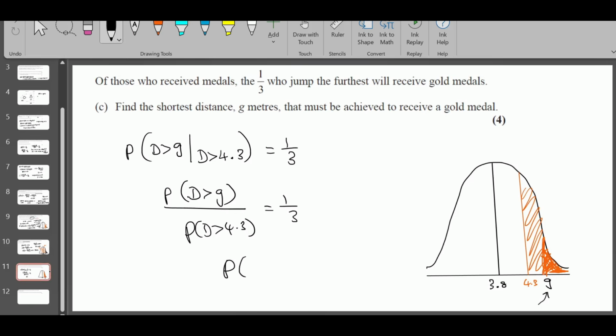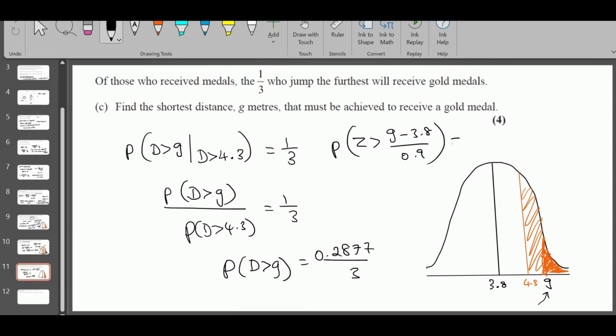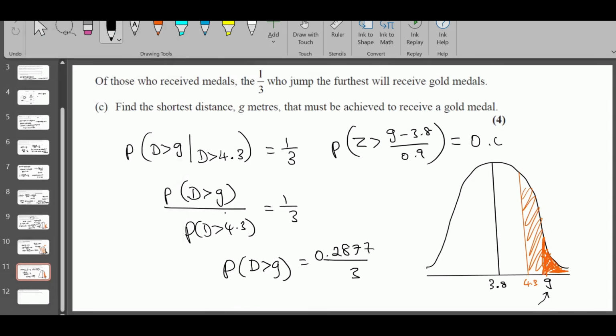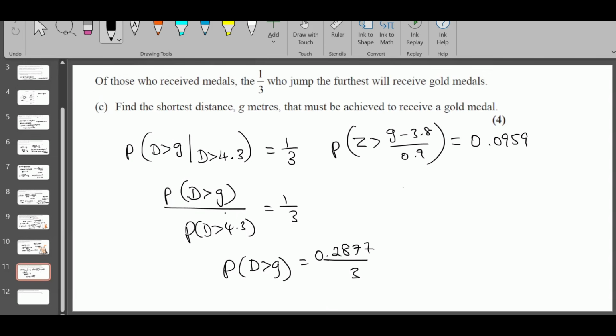P of D is greater than G is 0.2877/3. Standardize it. Z greater than G minus 3.8 over 0.9 is 0.2877/3, which is 0.0959, right?